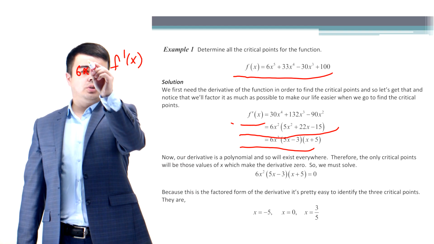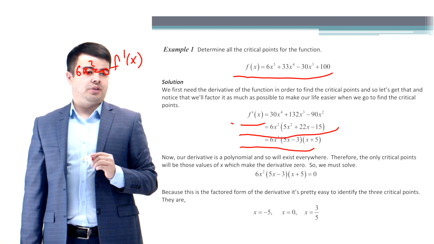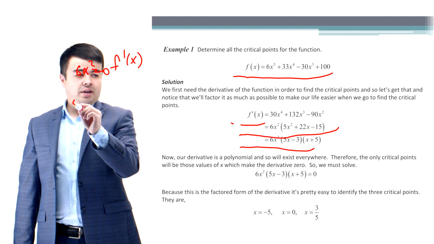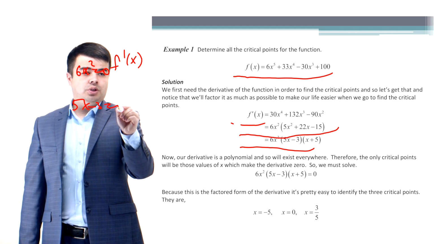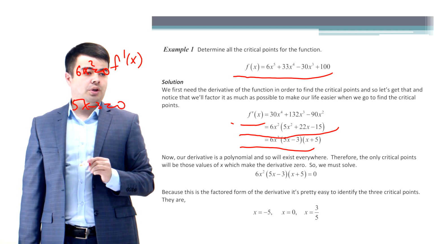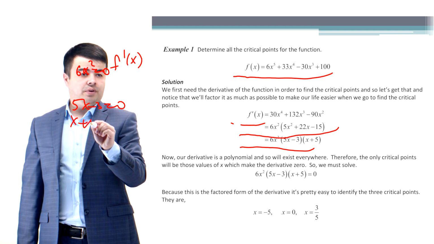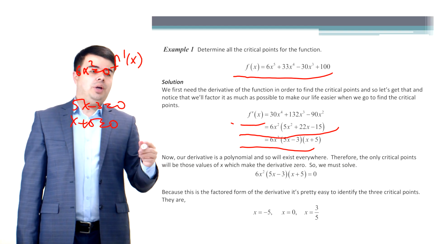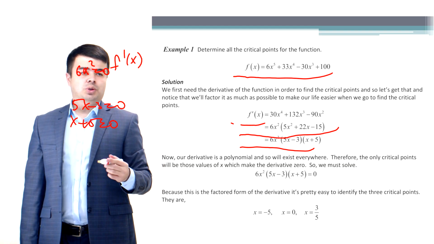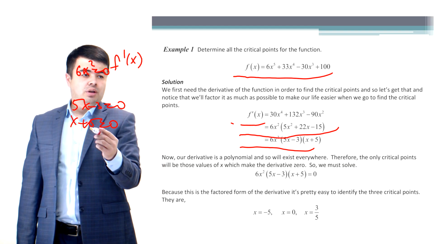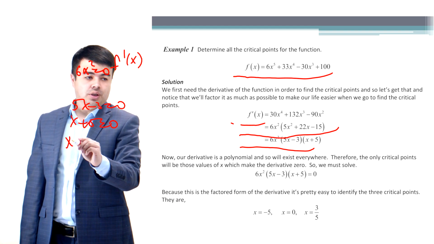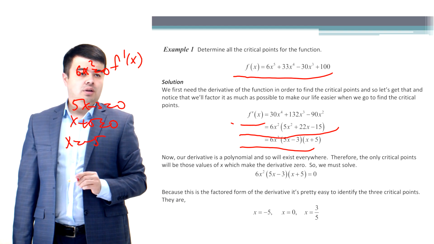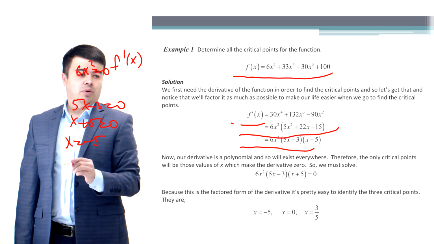So 6x squared equals 0, and this is the first one. Then 5x minus 3 equals 0. This is the second root. And x plus 5 equals 0. So here we have three corresponding roots of these equations. The first one is x equals minus 5, from the third one.